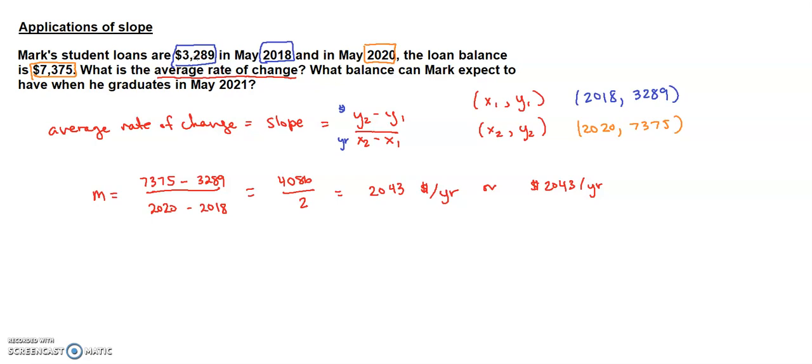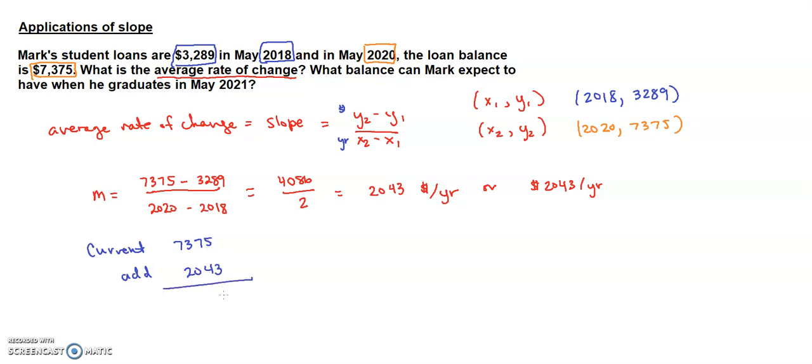It might not have gone up the same exact amount each year, but in general, he went up $2,043 each year. So if he wanted to have a rough idea of what his balance would be in May 2021, he's probably going to go up about $2,043 again this year. So his current balance, let's use another color, his current balance is $7,375, and we would expect him to add $2,043 each year.